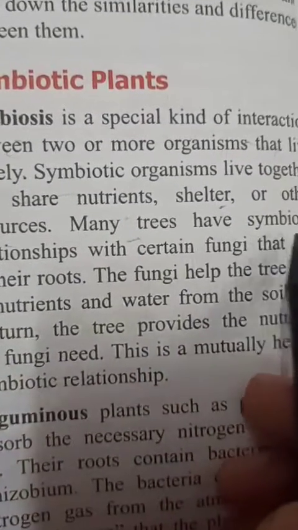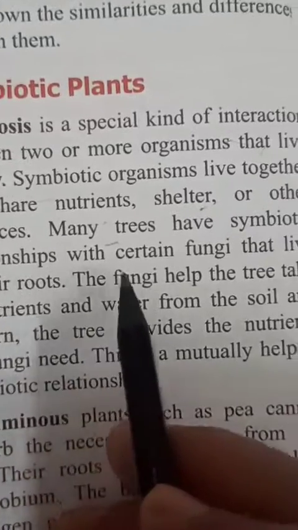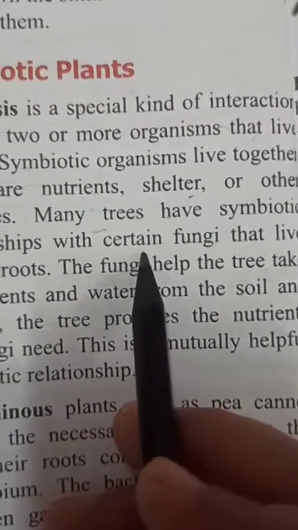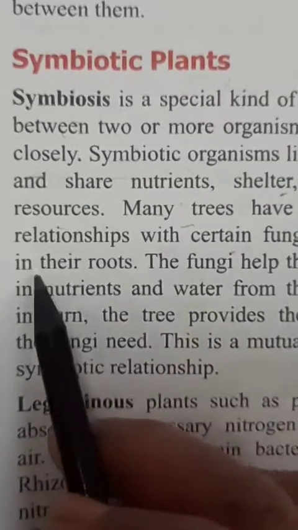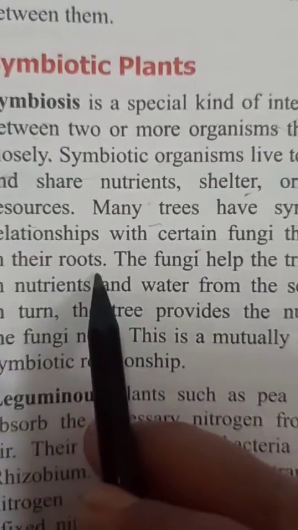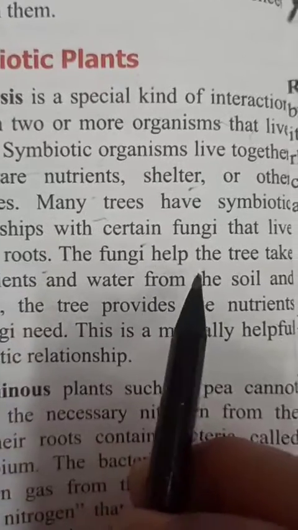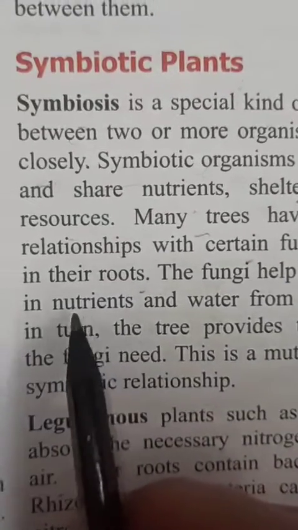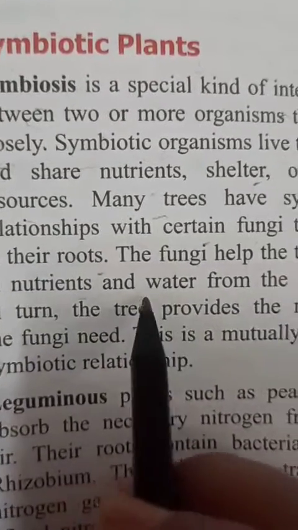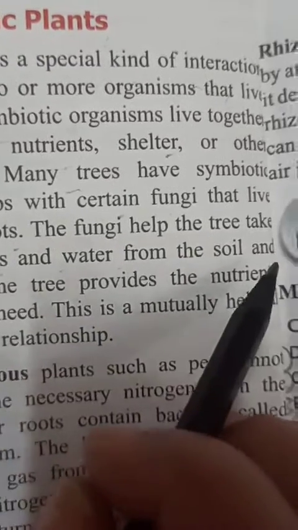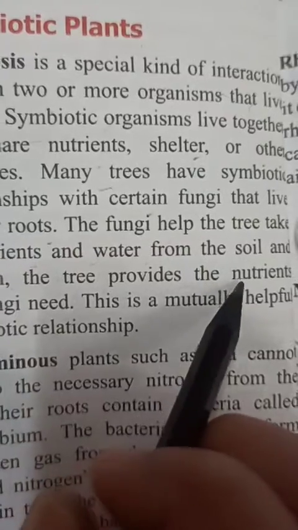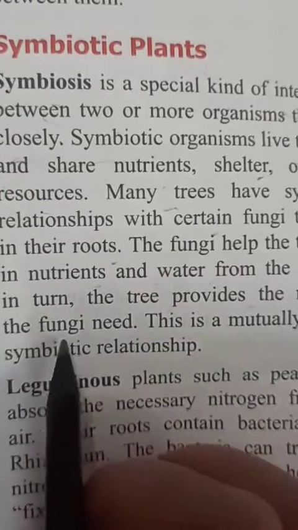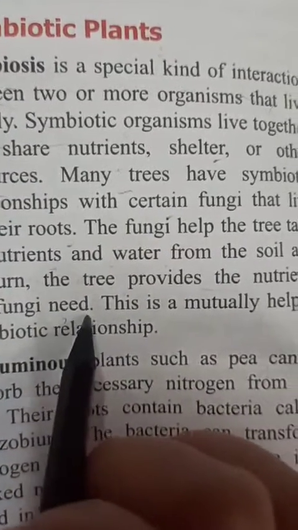Many trees have symbiotic relationship with certain fungi that live in their roots. The fungi help the tree to take nutrients and water from the soil, and in turn the tree provides nutrient to the fungi they need.